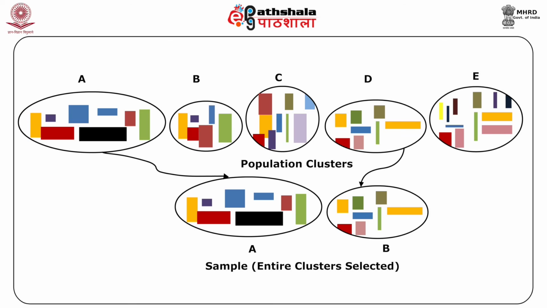So suppose NDPL, which is New Delhi Power Limited, wants to conduct a survey of households that consume electricity. If each cluster in each locality is a DDA colony, then it could be expected that it would consist of HIG, MIG, LIG and Janta or EWS flats.